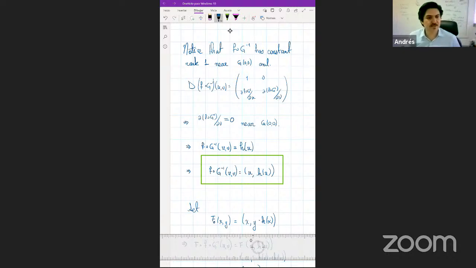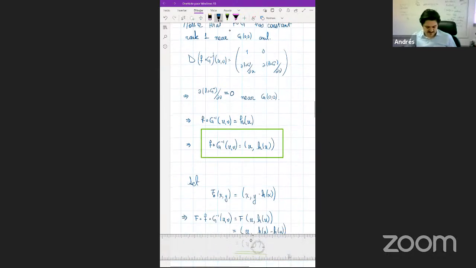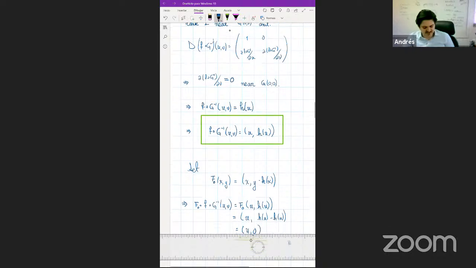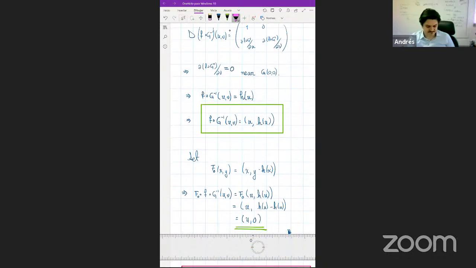I'm defining this new function. And let's make the composition. This, we know it is here. And now if we apply F naught, that's the definition of F naught, we have what we were aiming at.